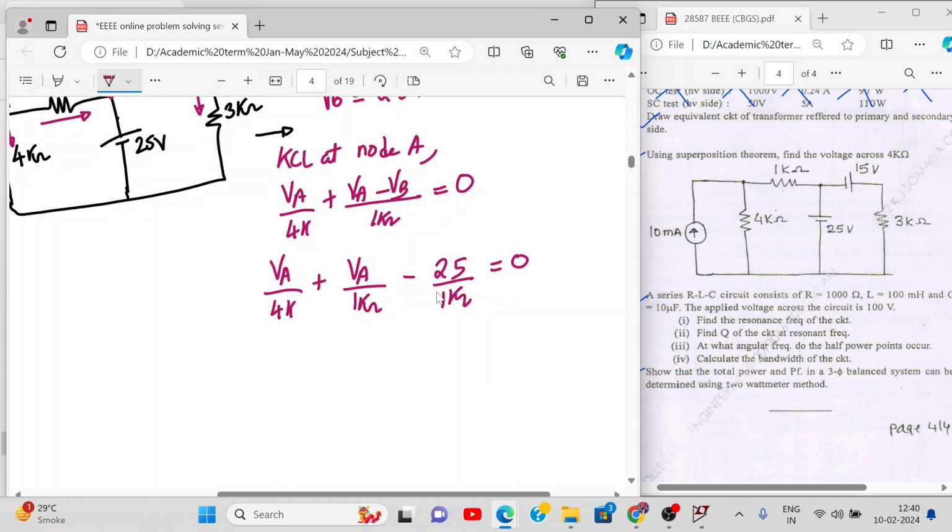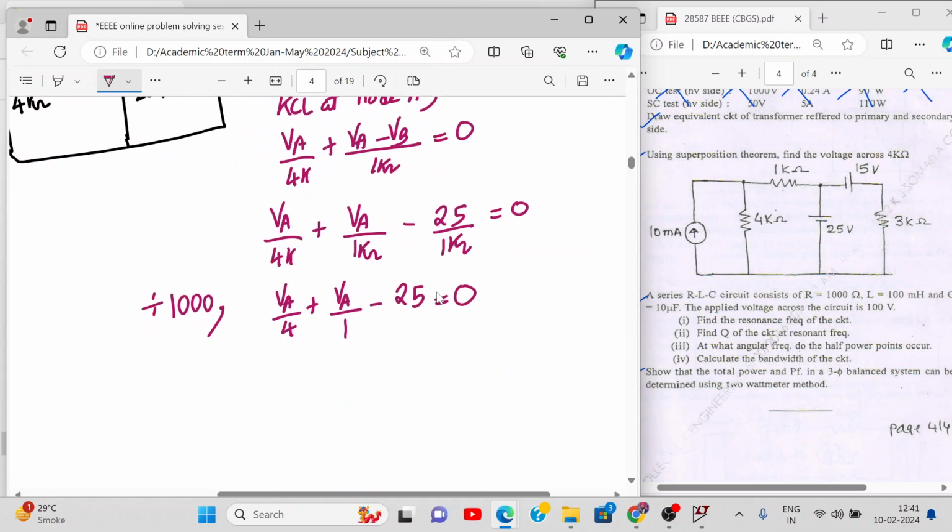So everywhere we multiply by 1000. What do we get? VA upon 4 plus VA upon 1 minus 25 is equal to 0. Correct? Here we multiply and divide by 4.